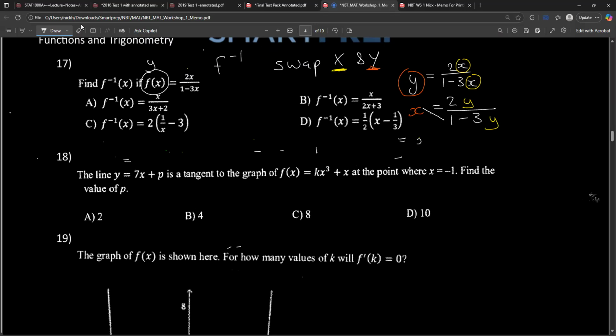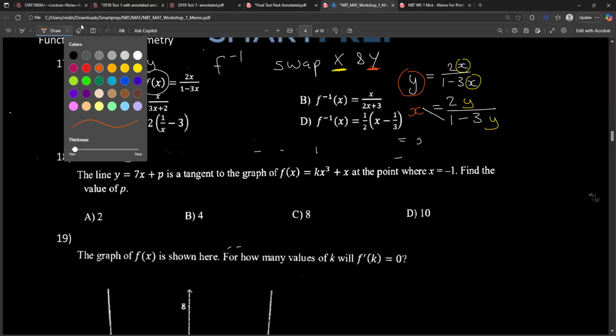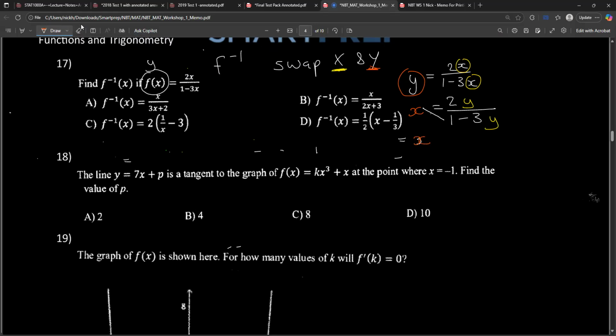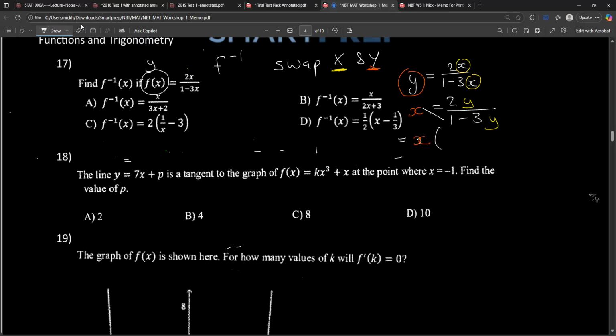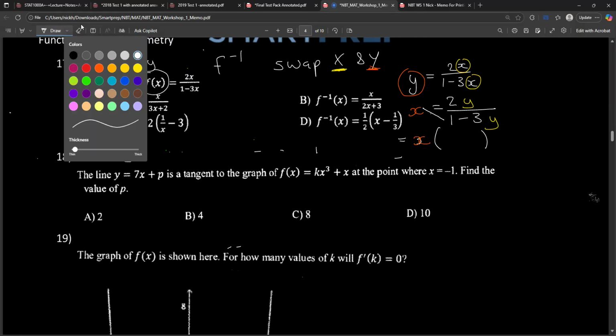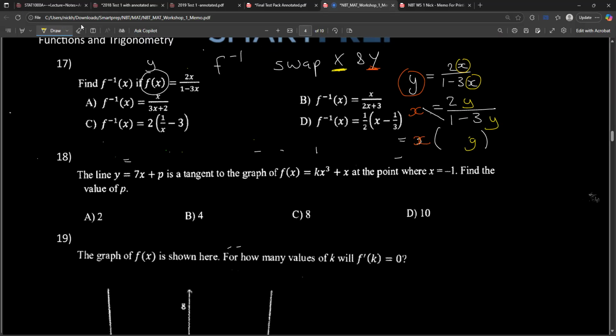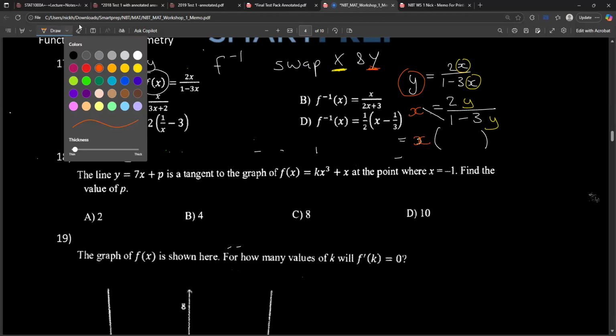So we say x, and I'm going to keep the colors just so that you know what's going on. So x times the 1 minus 3y, when you cross multiply, goes to the top of the other side. When you go across the equal sign and it's 2 fractions, the bottom can go to the top of the other side.